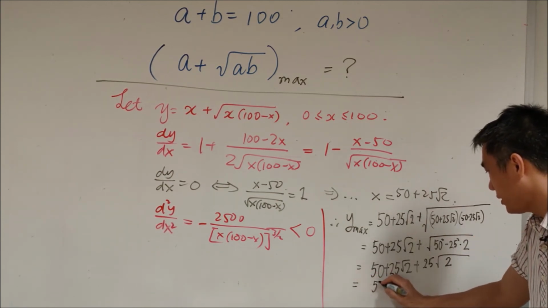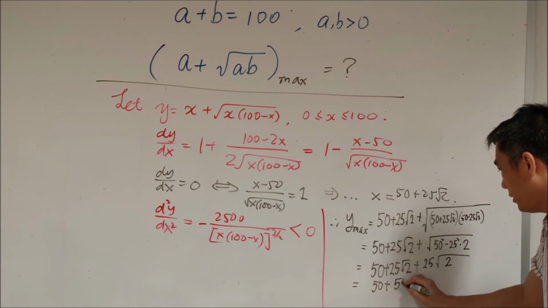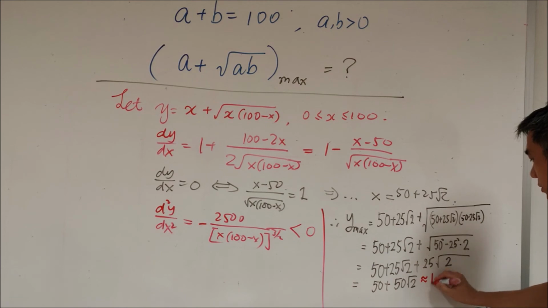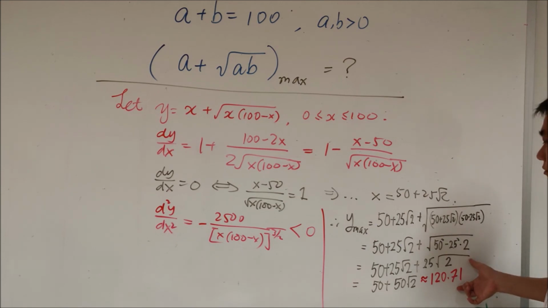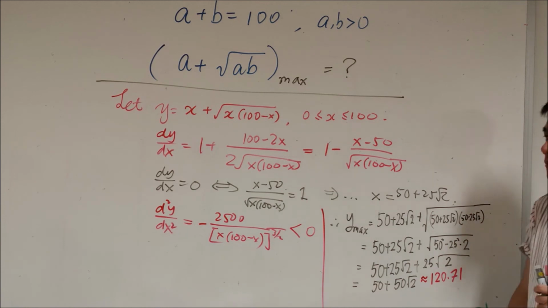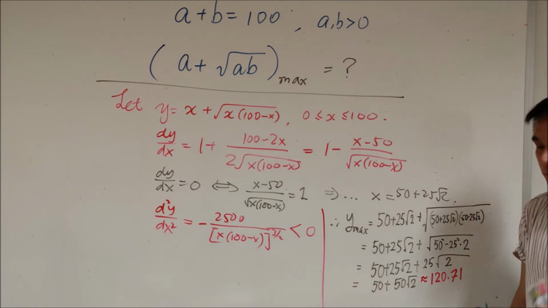So this is 100 plus 25 square root of 2, approximately 120.71. So the nearest integer for 120.71 would be 121. Okay, so this is the approach using differentiation.